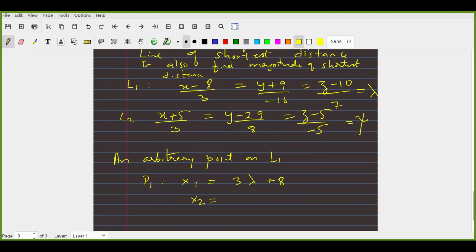Sorry, I made a mistake. I'm talking about this y. This y, I'll make it as y1 because it's a fixed point that I'm talking about. y1 is equal to minus 16 lambda plus 9. Is it plus 9? Minus 9, sorry.